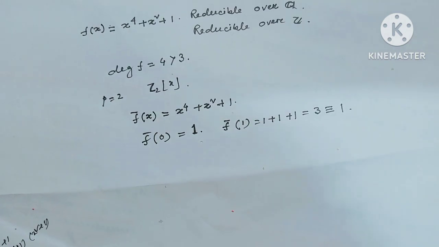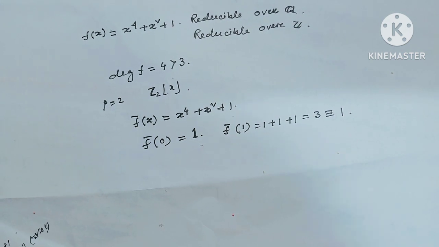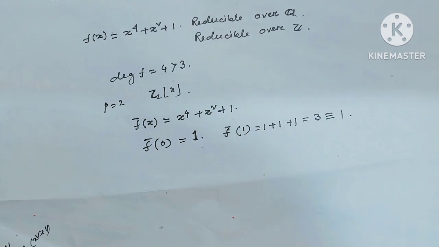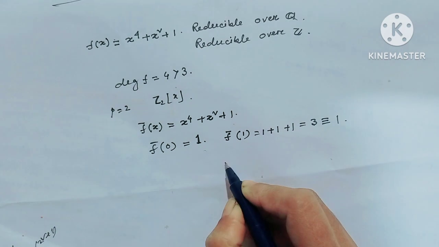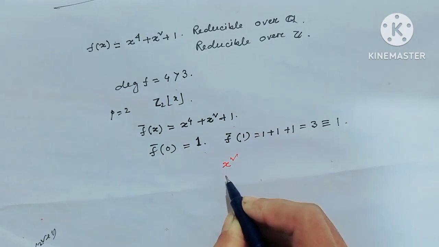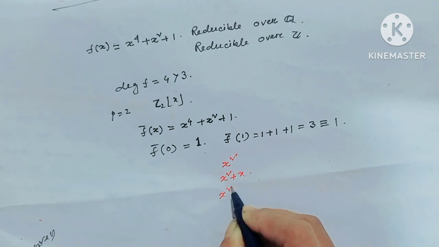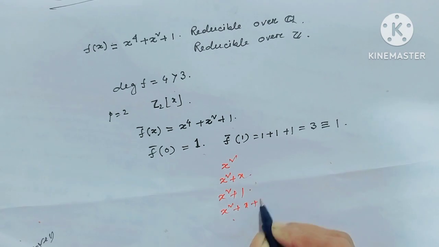Now I will see whether the polynomial can be written as a product of irreducible polynomials. Notice in Z2[x] the polynomials look like x^2, x^2 + 1, x^2 + x + 1.